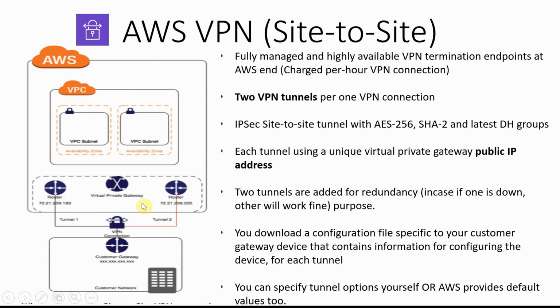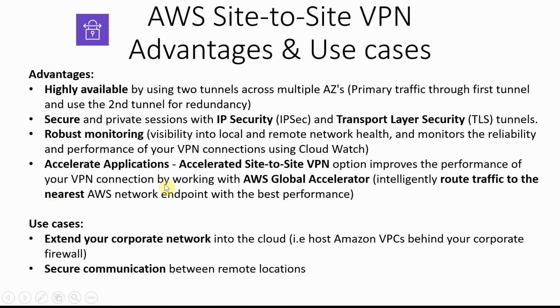So you should look at the health on both sides. If one is down, you should be getting some alert. All that monitoring is inbuilt using CloudWatch. CloudWatch is primarily the monitoring tool in AWS, so all monitoring goes to CloudWatch. You can monitor all of this using the CloudWatch tool.